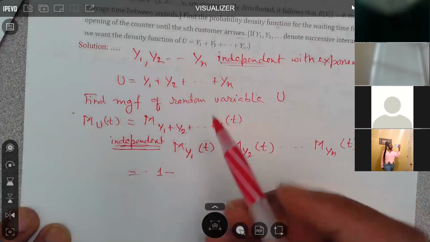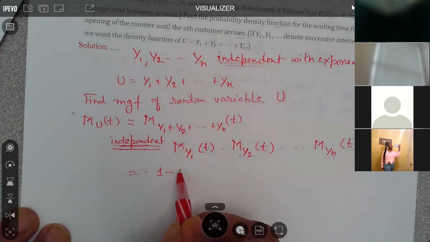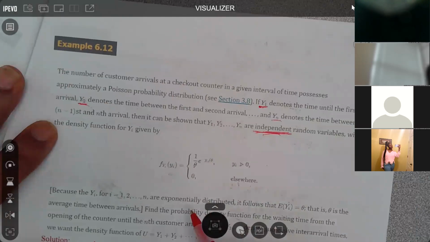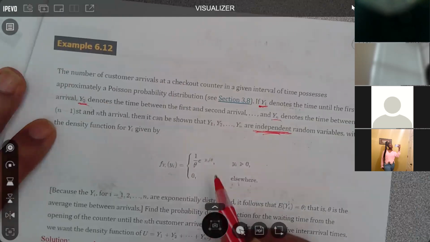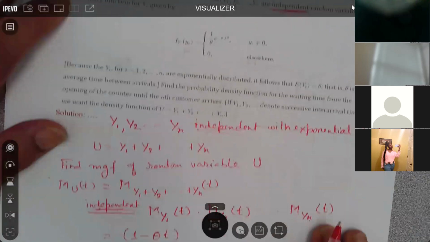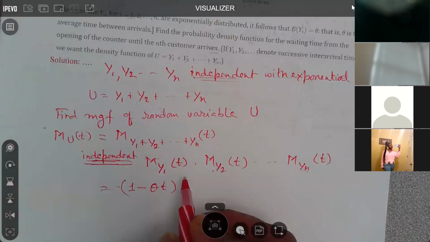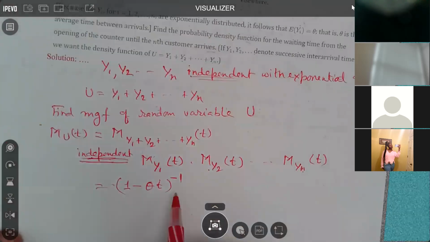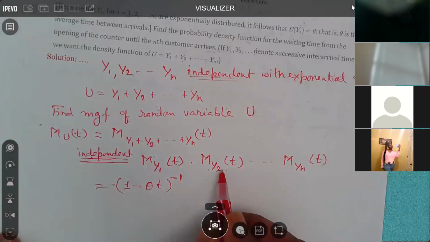Here the beta is theta; in this problem, where we wrote beta whenever we did the exponential distribution, they have written theta. The same for y2, (1 minus theta t)^-1, and this one is also exponential, so also (1 minus theta t)^-1. They have the same bases, so you can add the exponents -1, -1, up to -1, n times.